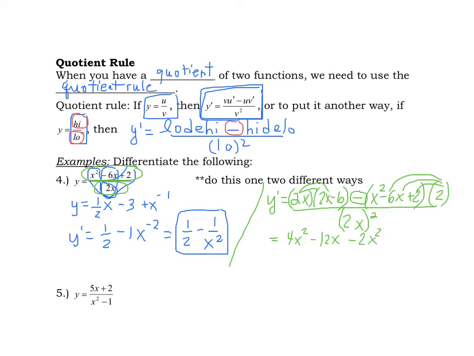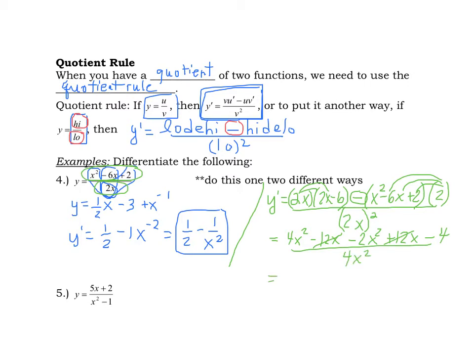Then I would have a negative 2 times a negative 6x. That's going to be a positive 12x. And then I have this 2 times another 2, but I'm going to have to make it negative, so that's minus 4. So I have a 12x and a negative 12x, which will cancel. This is all over 4x squared.